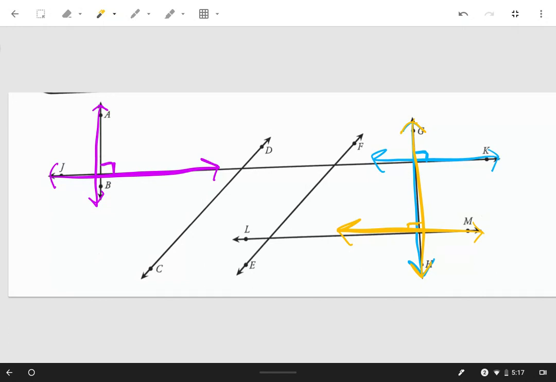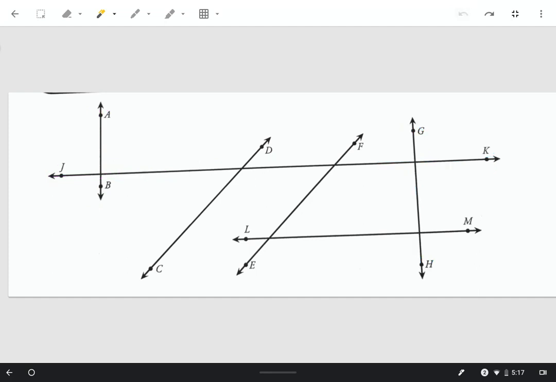So within a diagram, we can pinpoint different types of lines. They might be parallel, intersecting, or perpendicular. We've done this before. We did this a couple weeks ago when we were learning about lines and rays and line segments, right? You worked with diagrams that looked very similar to this. So you may have been asked to find a line within this diagram.